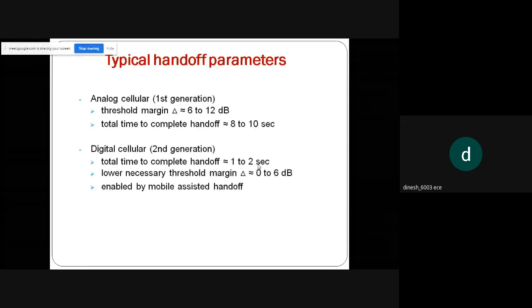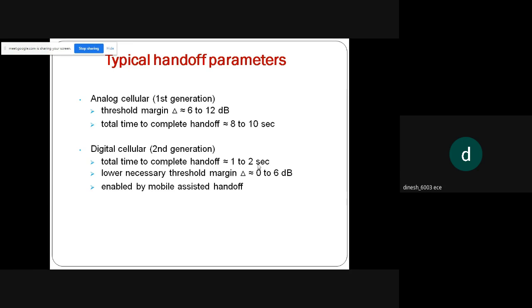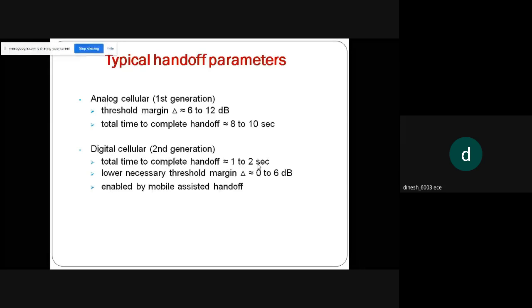So these are the typical handoff parameters for first generation and second generation. The threshold margin was 6 to 12 decibels, and the total time taken was 8 to 10 seconds, in the analog cellular system, first generation.